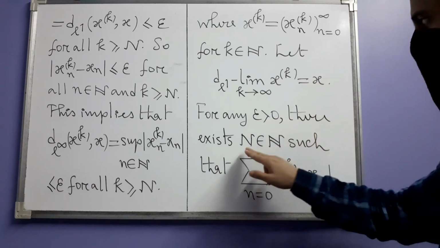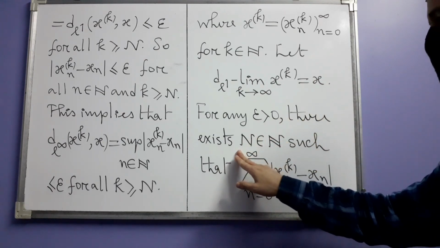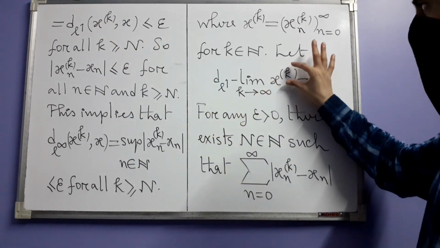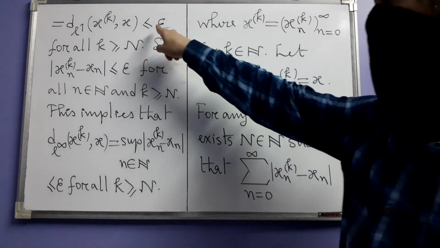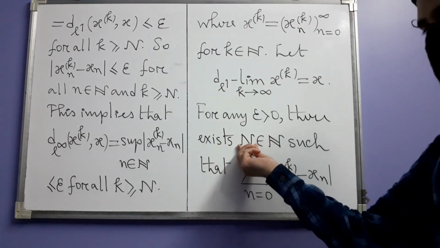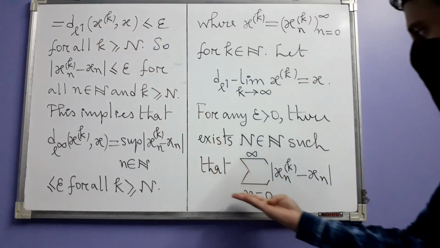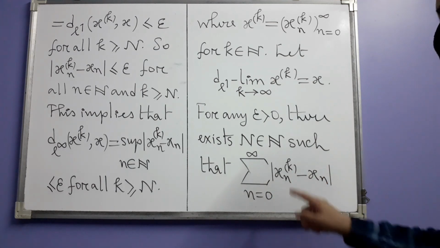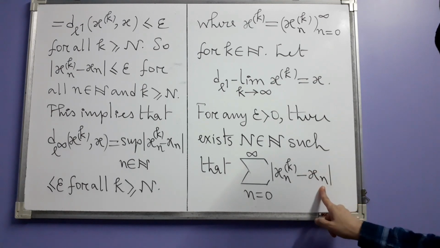For this epsilon there exists a natural number capital N such that the dl1 distance between the term xk of this sequence and x is less than or equal to epsilon for all k greater than or equal to that stage capital N. But this dl1 distance is just this by the definition of the dl1 metric, summation mod xkn minus xn.